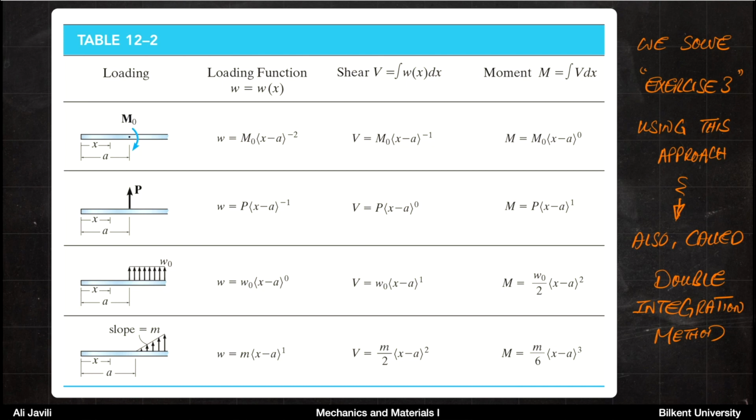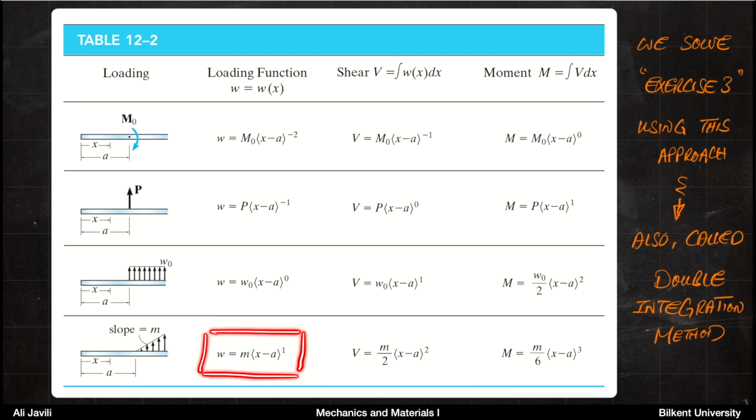So for instance, you can imagine you're dealing with a problem like this. If you think of this problem, the distributed load is 0 until the point at distance a, and then it's a linear function with slope m. So you can basically write your distributed load like this.